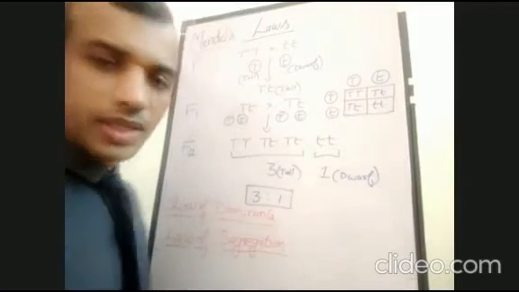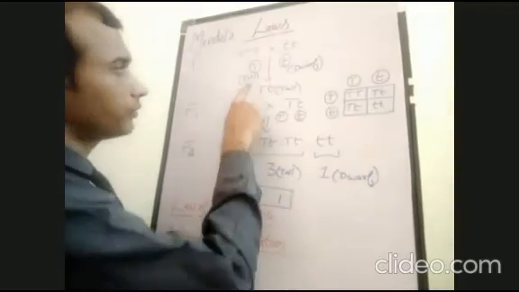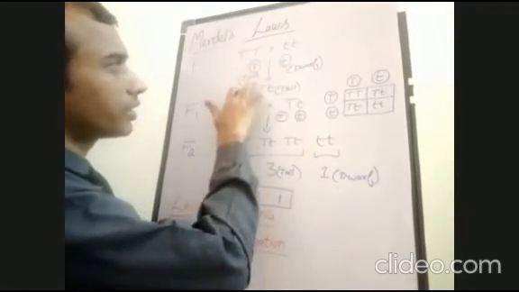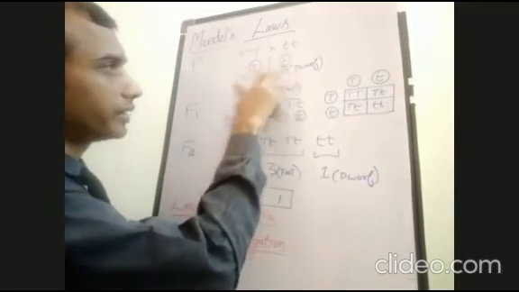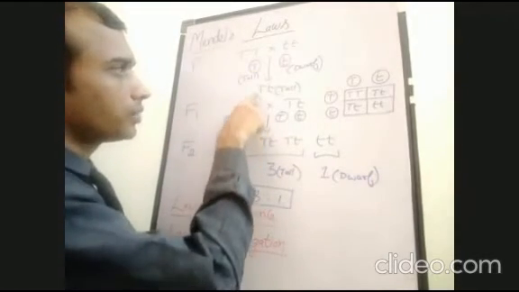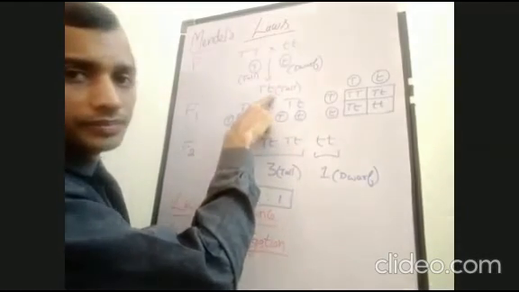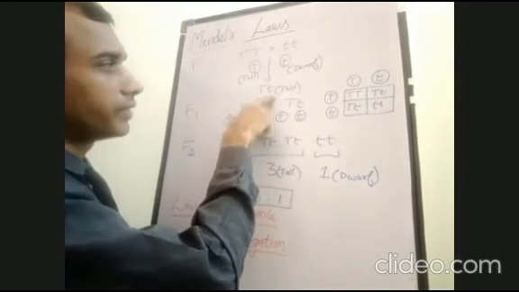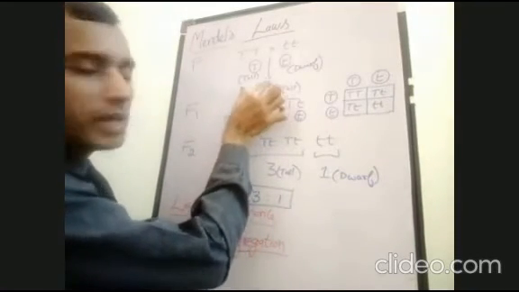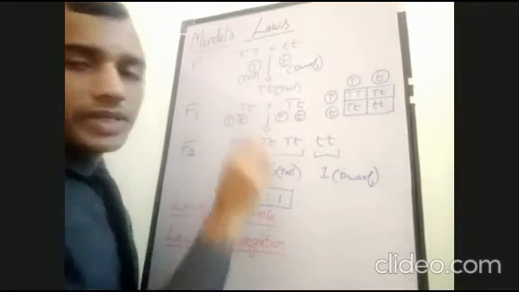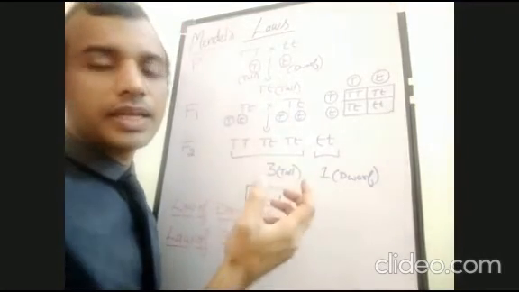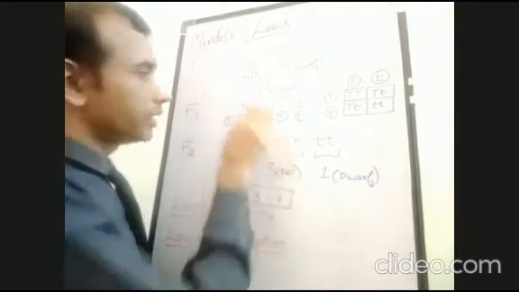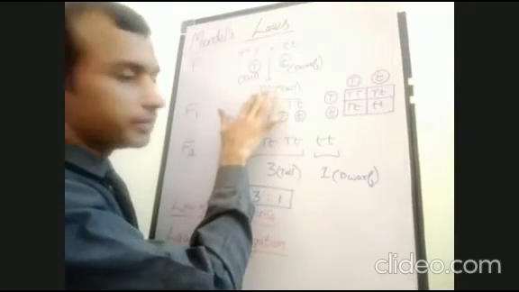Law of segregation states that when a pair of factors controlling contrasting traits, that is tall and dwarf, come together in an F1 hybrid, they remain unmixed. When we say unmixed, it means it doesn't show any blending. They are present, but it remains unmixed.